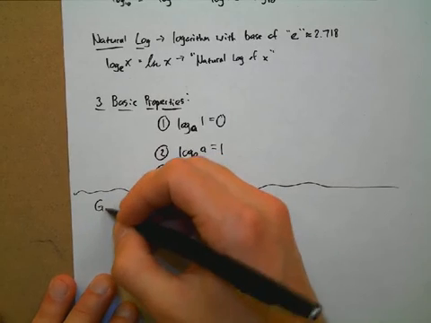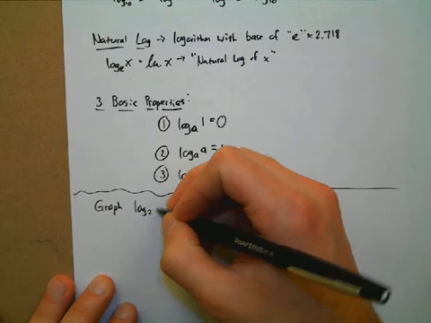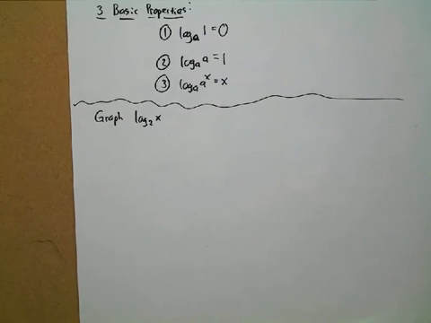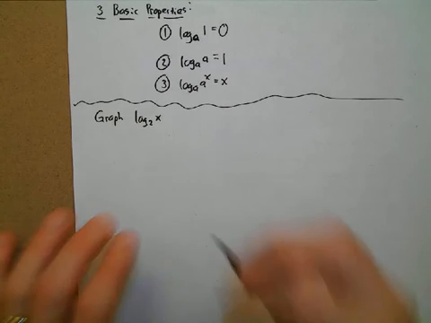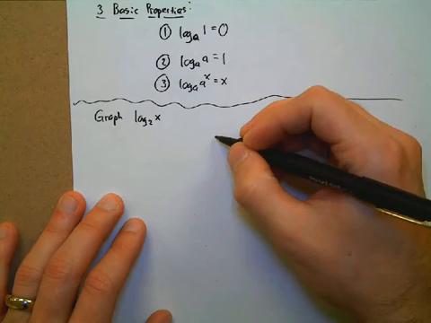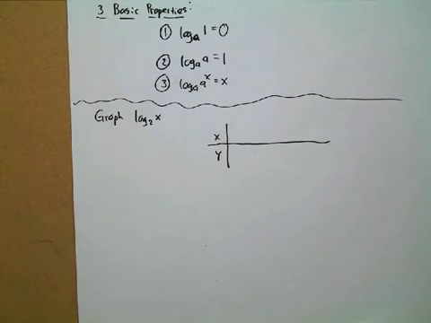Alright, so to do this, we're going to use a table of values here. And again, we want to be selective about what we pick for our x values.